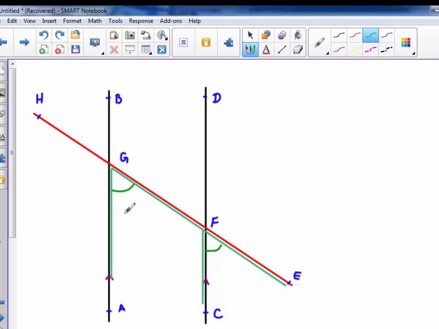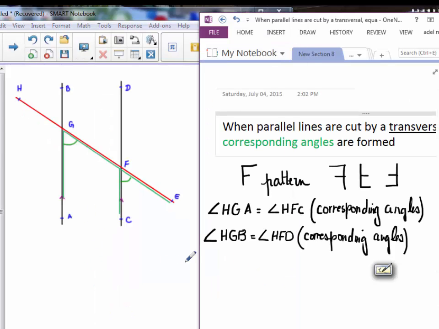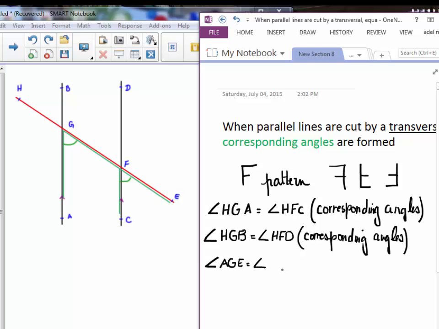They are forming the F pattern, as you can see. So we can go back here and write again that these two angles, angle AGE equal to angle CFE. Why? Because they are corresponding angles.